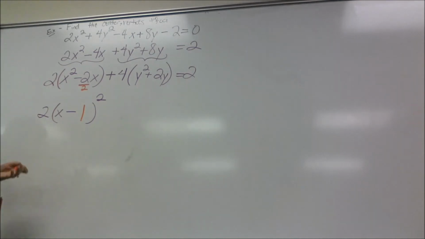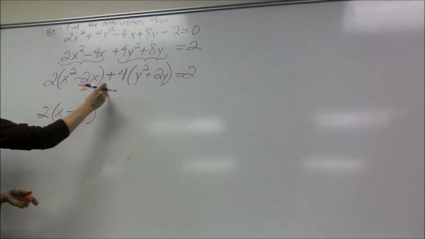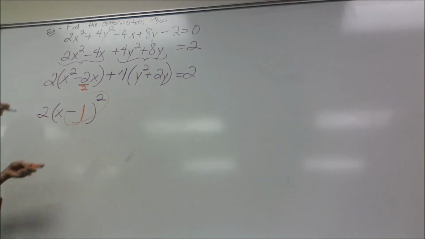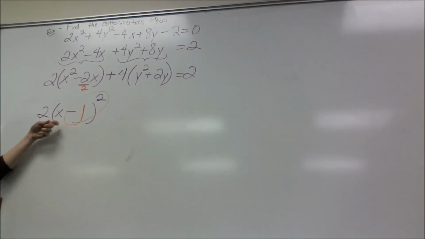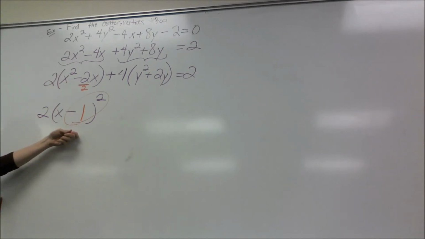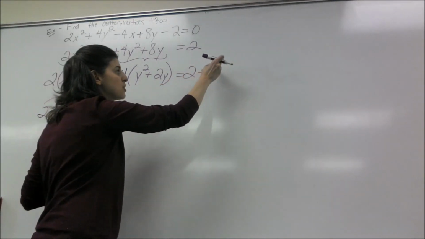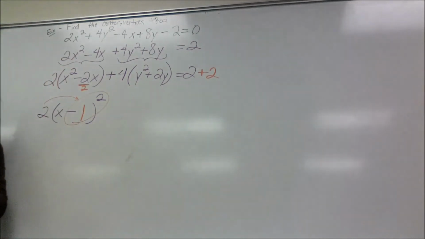So normally we would then square the 1 and add it to the other side. But the problem is that you're not really adding 1 to this side, you're adding 2 times 1. You have to multiply what you factored out by that number. So you need to actually add 2 to the other side to balance the equation with that perfect square group.